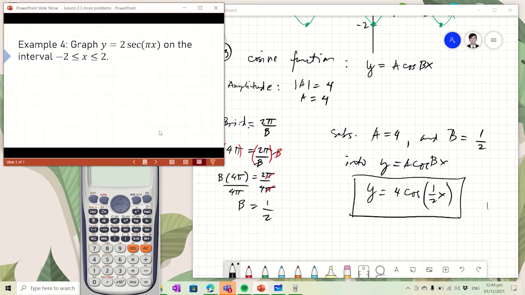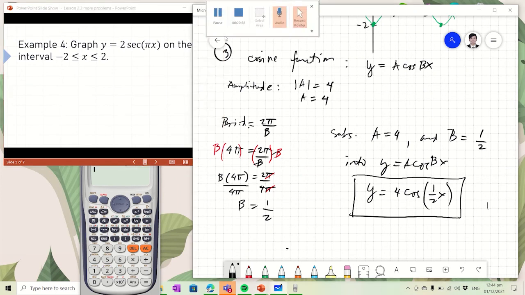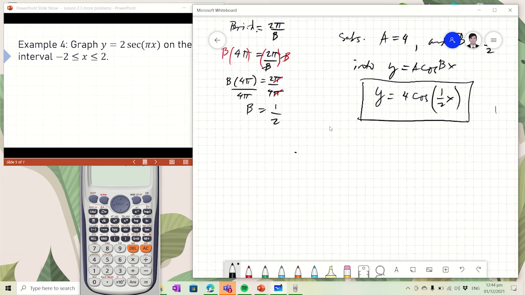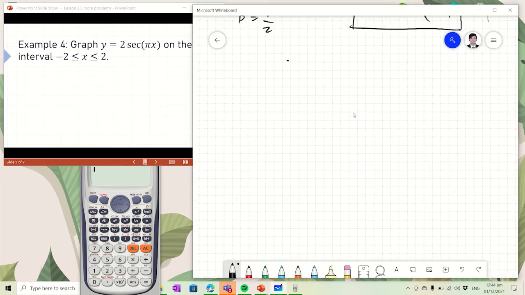Let's proceed now to example 4. So we're now asked to graph y is equal to 2 times the secant of pi x on the interval from -2 to 2. So scroll up lang tayo konti. Okay, let's have number 4.